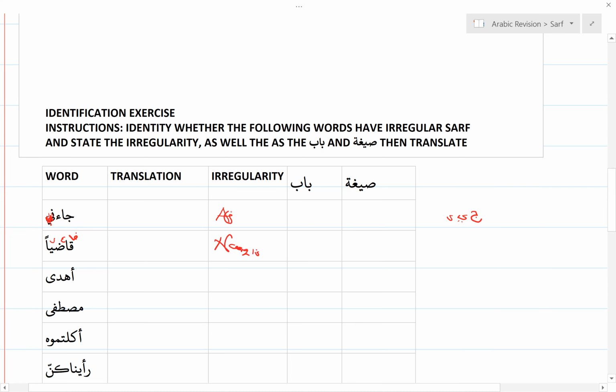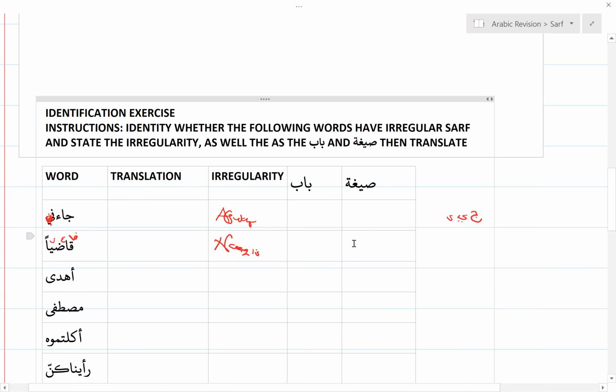Okay, so now that I know it's naqis, and it's naqis ya'i because there's a ya there, I already know my irregularity. Now I'm gonna ask myself, okay, now what is the sigha for this one? What does it match with? What do you guys think of the isms?